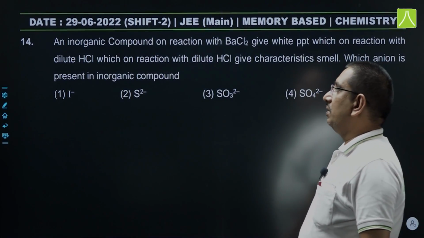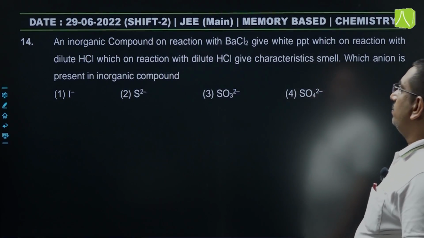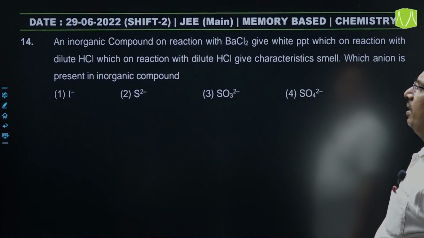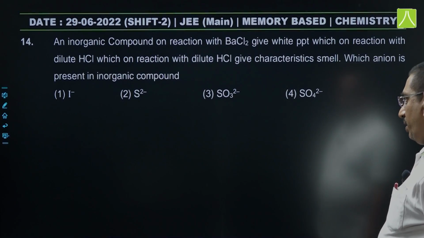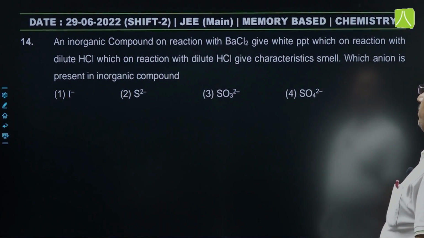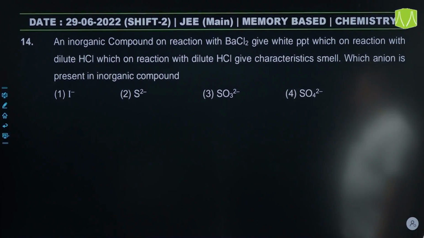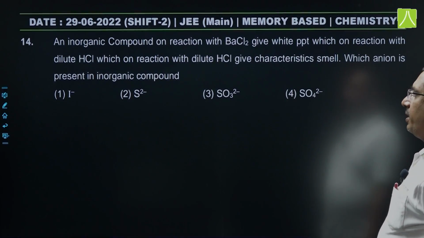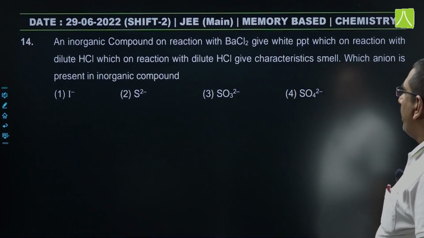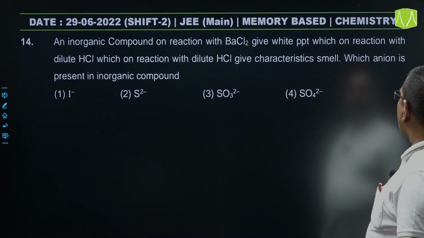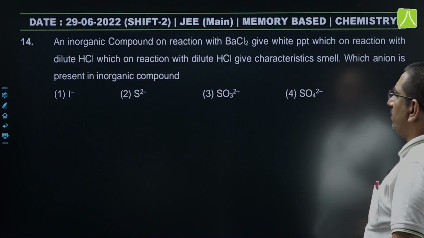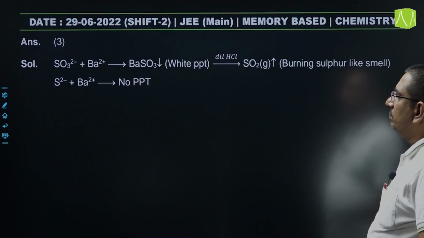Now, this is the question from qualitative analysis. An inorganic compound on reaction with barium chloride gives a white precipitate, which on reaction with dilute HCl gives a characteristic smell. Which anion is present in the inorganic compound?